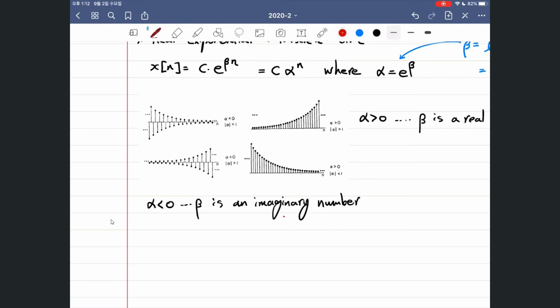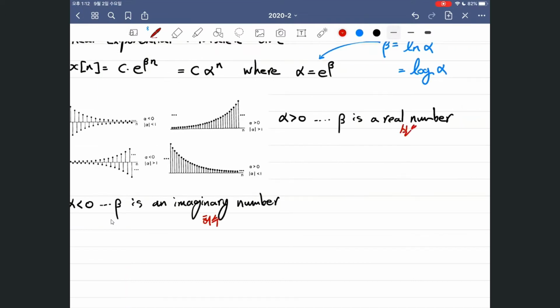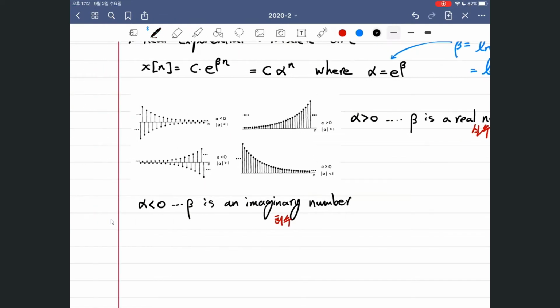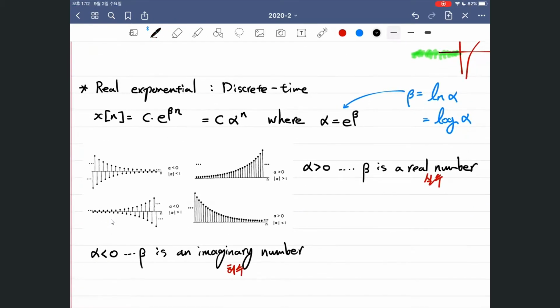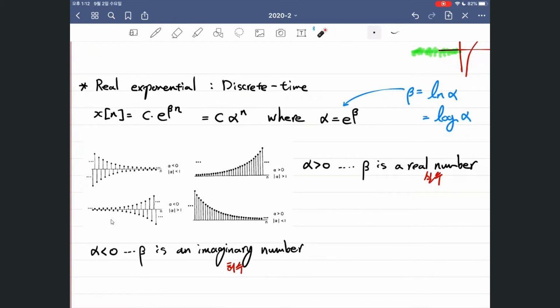In Korean, you say this as hosu, and this is shilsu. As I mentioned earlier, the term real corresponds to the real number of C and alpha, not beta. Beta can be imaginary depending on the value of alpha.